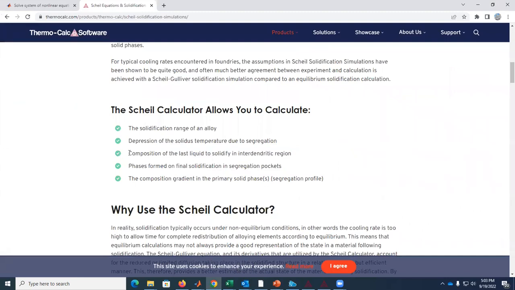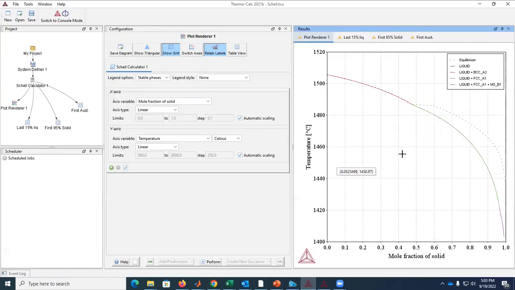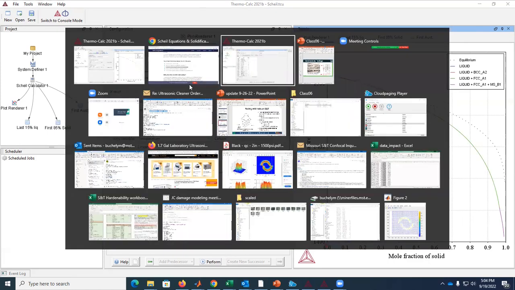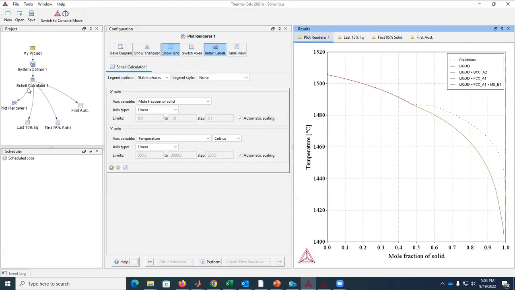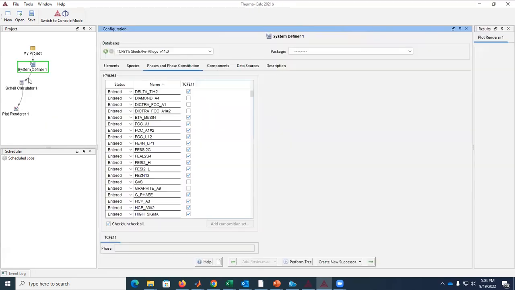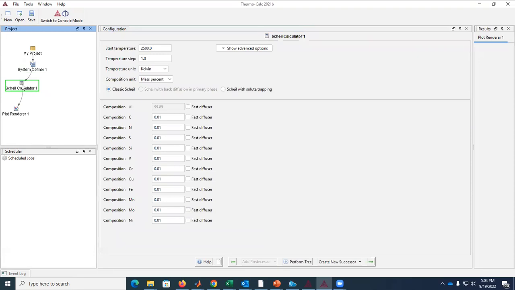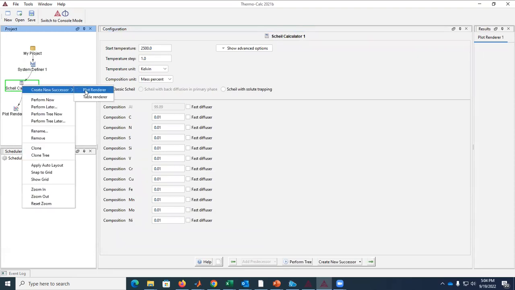Now, I can also see the composition of the different liquids in the dendritic regions. I can plot this curve using the regular standard parameters, as you see here in the example, but you can also create tables. What you do is right click on Scheil Calculator, create successor, and table render.